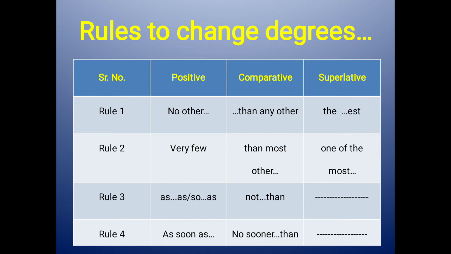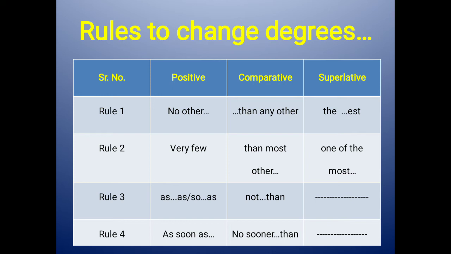Rule number 3 is basically all about the degrees of positive and comparative. If you want to change positive degree into comparative, or comparative degree into positive, that time you have to remember rule number 3. If we have a plain statement with "as" or maybe "so as", then we need to include "not" and "than" in the comparative.